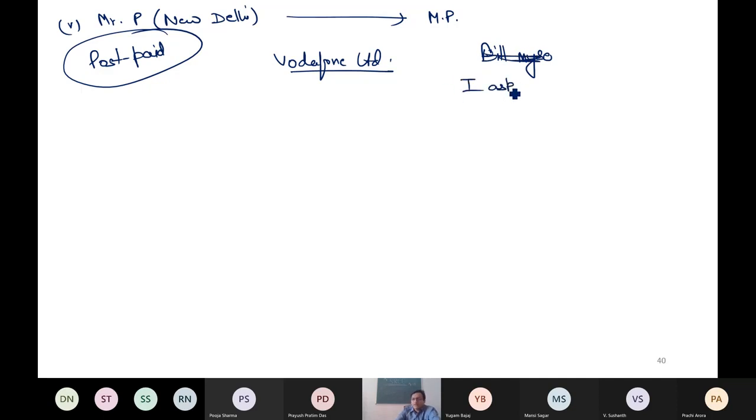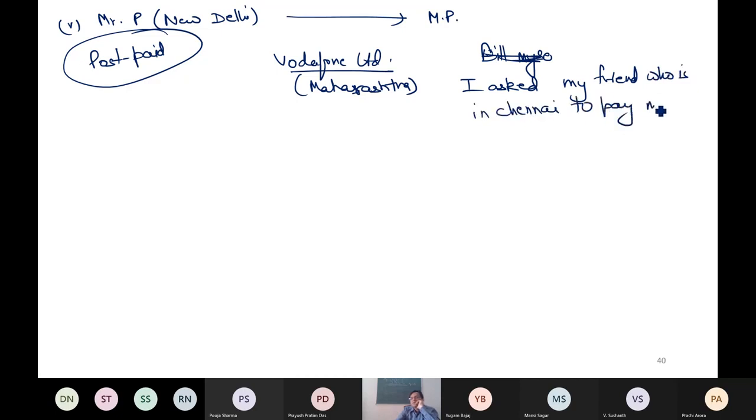Vodafone again Maharashtra. I asked my friend who is in Chennai to pay my bill, and he paid.